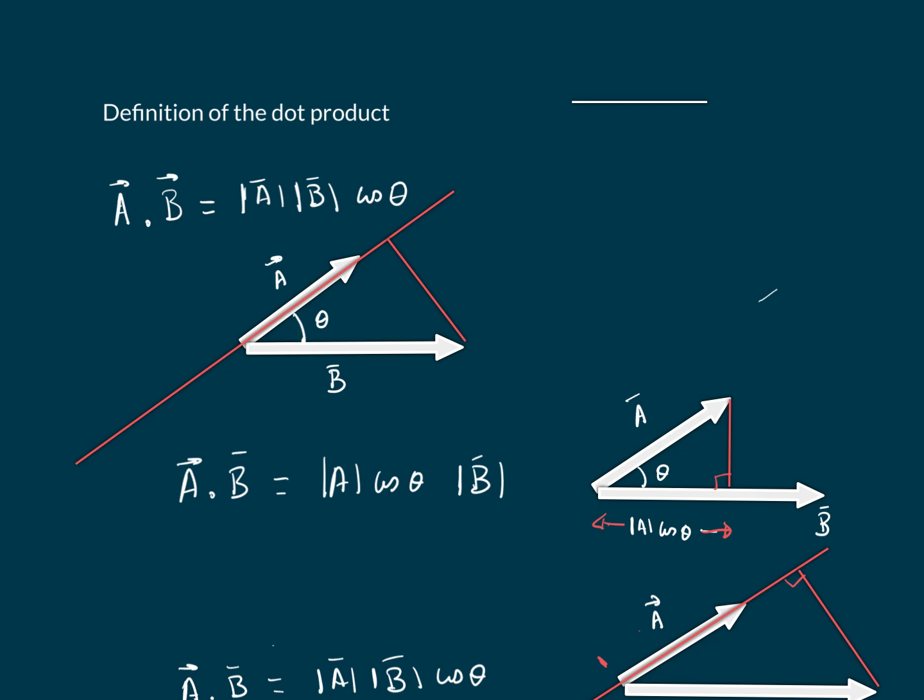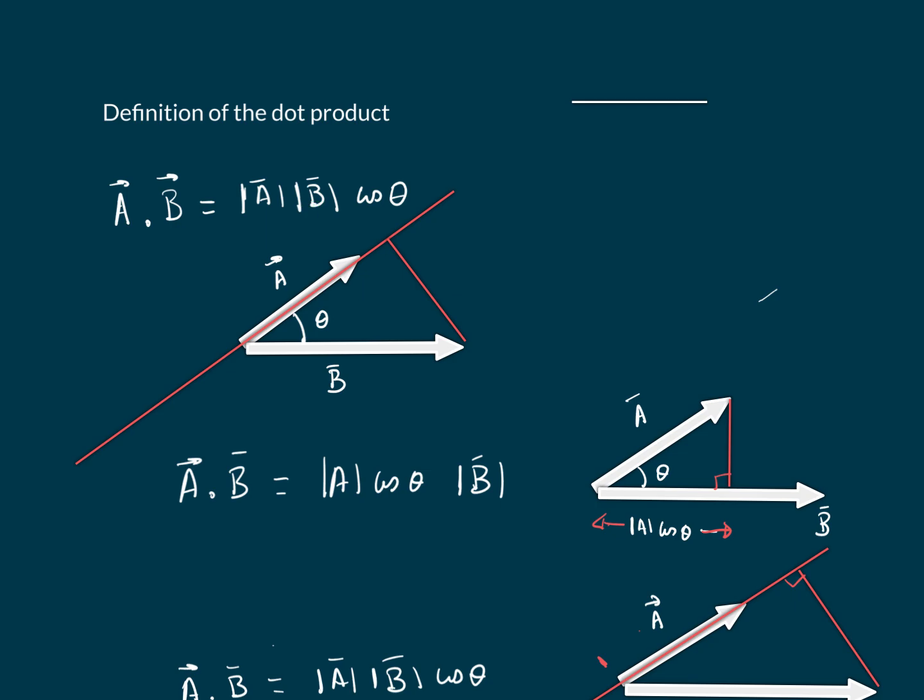When the angle is 90 degrees, cosine of 90 is 0, so the dot product is 0. When the angle is smaller than 90 degrees, the cosine is positive. The magnitude of A is always positive, the magnitude of B is always positive.